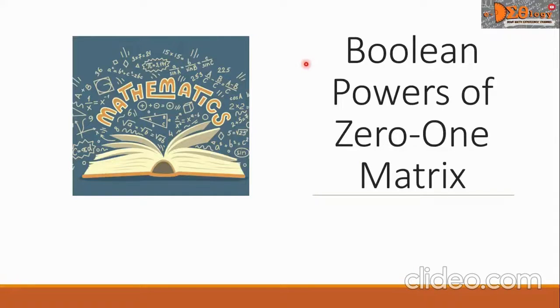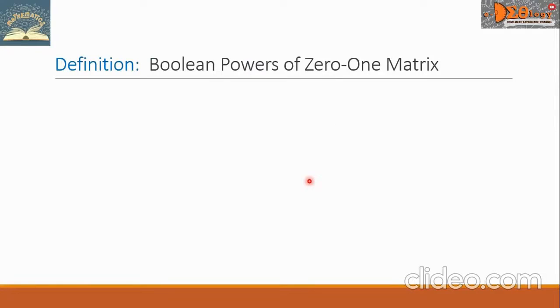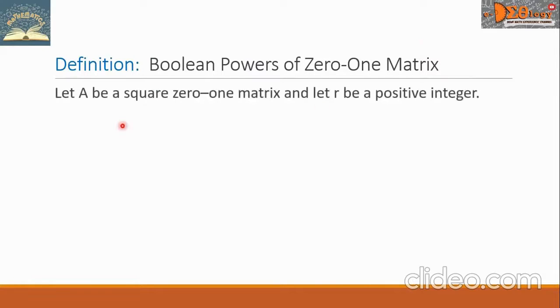Today, we're going to study Boolean powers of 0, 1 matrix. Let us define Boolean powers of 0, 1 matrix. Let capital A be a square 0, 1 matrix and let R be a positive integer.